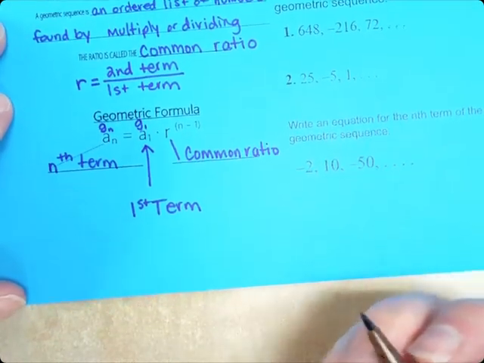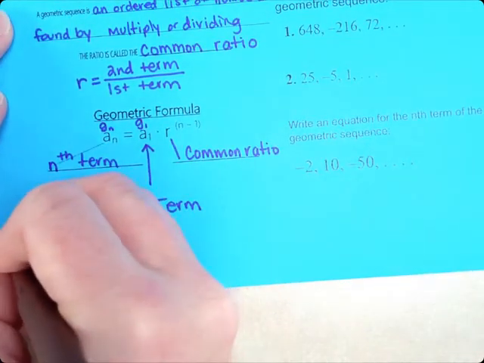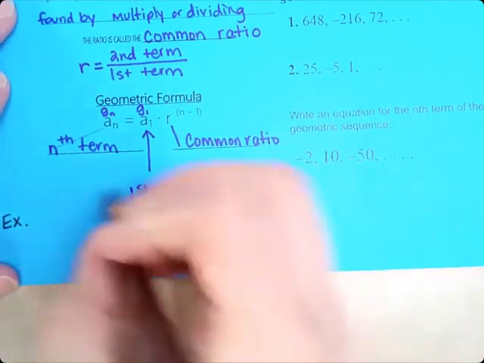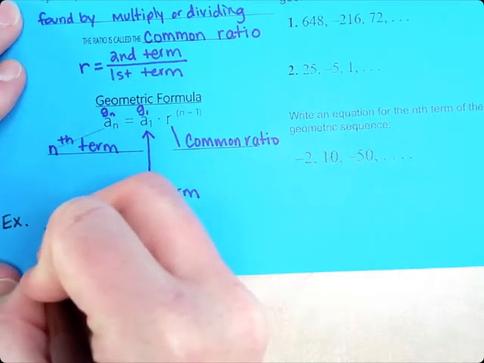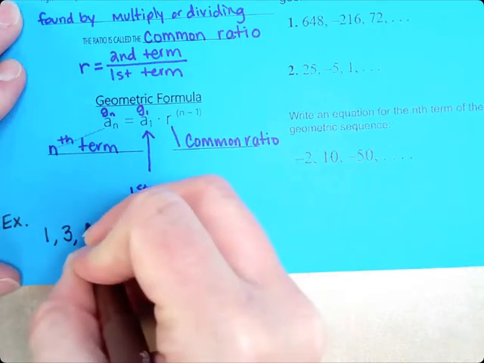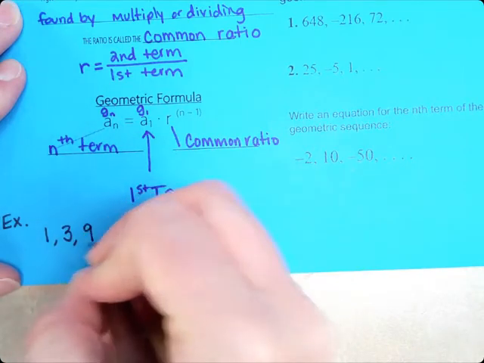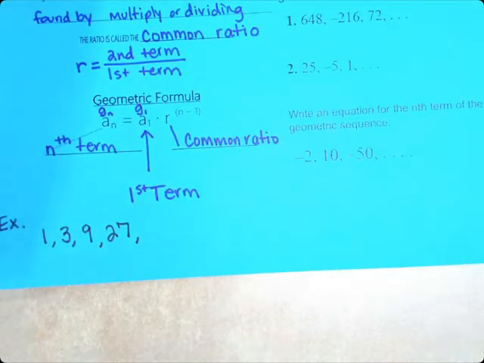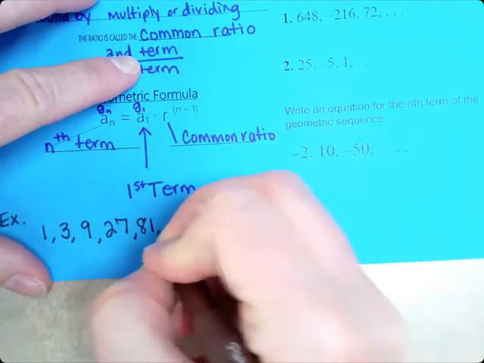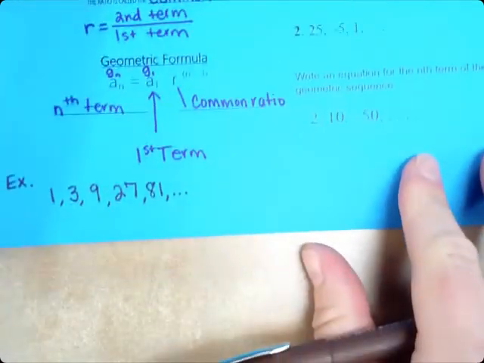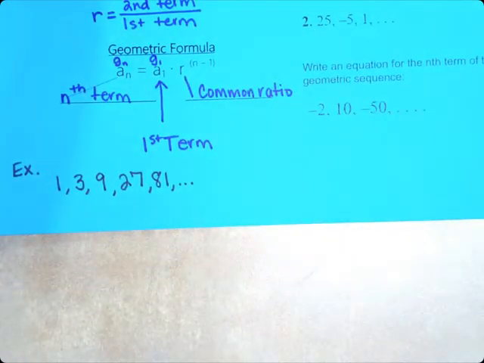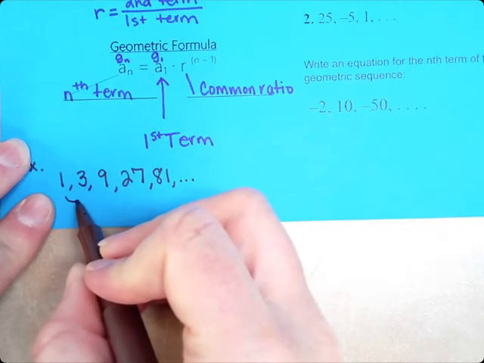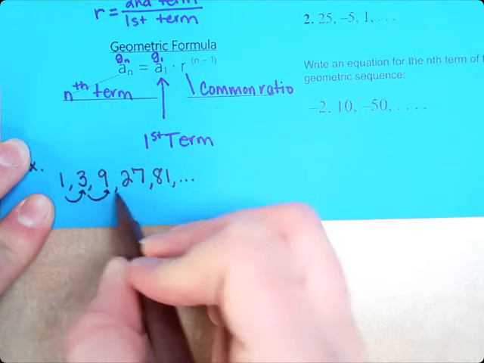So let's say our first example is going to be 1, 3, 9, 27. Let me do one more, 81. What is the pattern going from one to the next to the next?